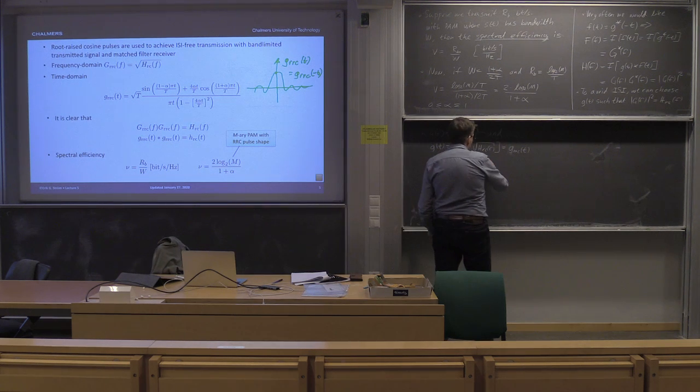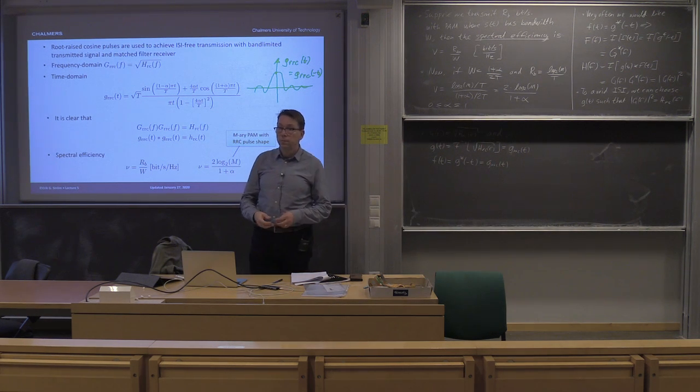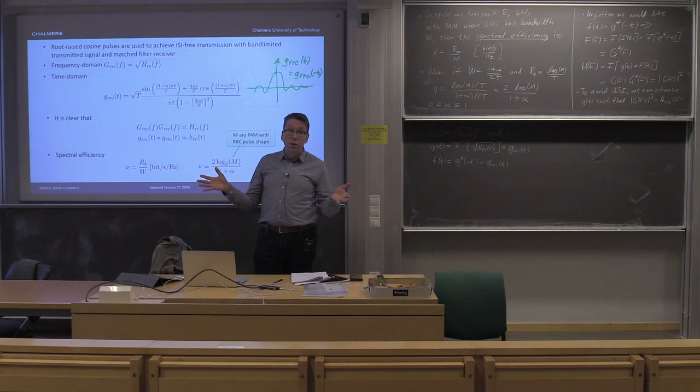So this is just the same pulse as we started with. This is actually a common choice in practice when we are interested in intersymbol interference-free transmissions, that we pick the pulse to be a root raised cosine pulse, both at the transmitter side as the pulse choice we use, and also as the impulse response of the receiver filter. And if we do that, we will not have any intersymbol interference.